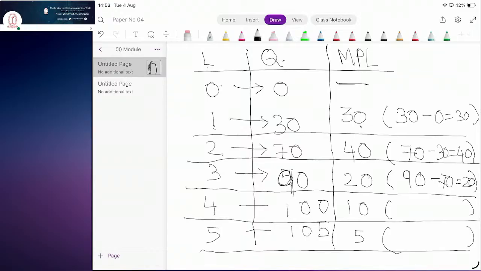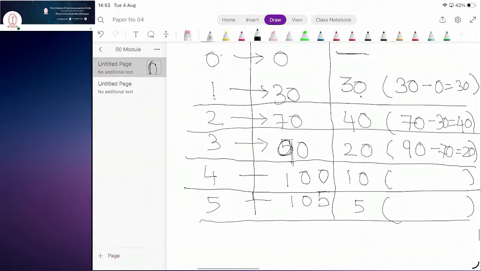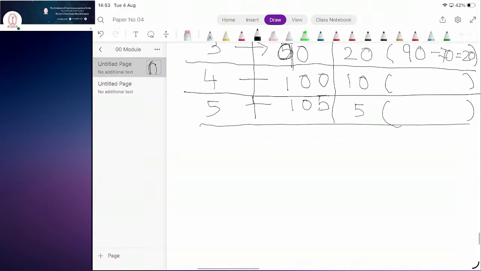Now this is what Marshall said, and there is no proof of this law. Why this law holds? There is no proof, but what he says is that when capital remains fixed, marginal product of labor can initially increase.